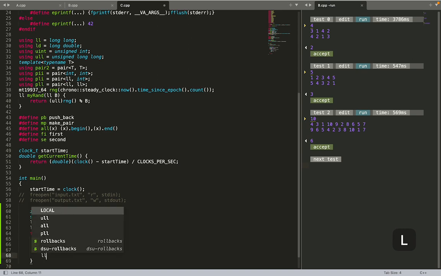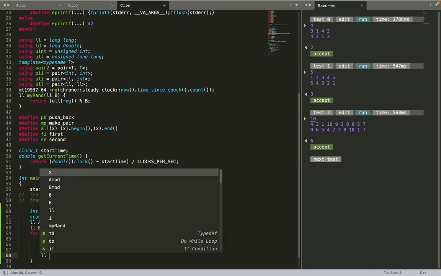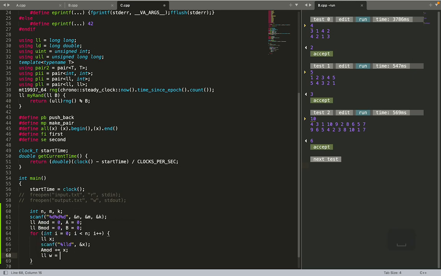So the max value possible is to put k minus 1 everywhere. Everywhere is m times.